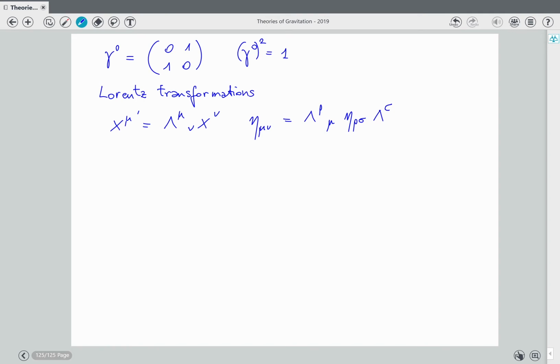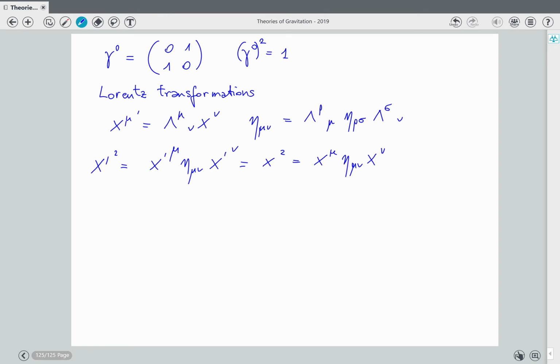So you know that x prime squared, which is x prime mu eta mu nu x prime nu, is equal to x squared, which is x mu eta mu nu x nu.